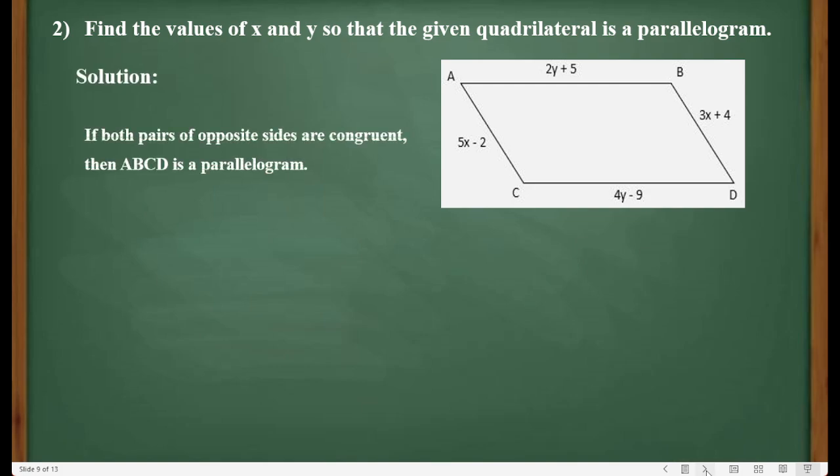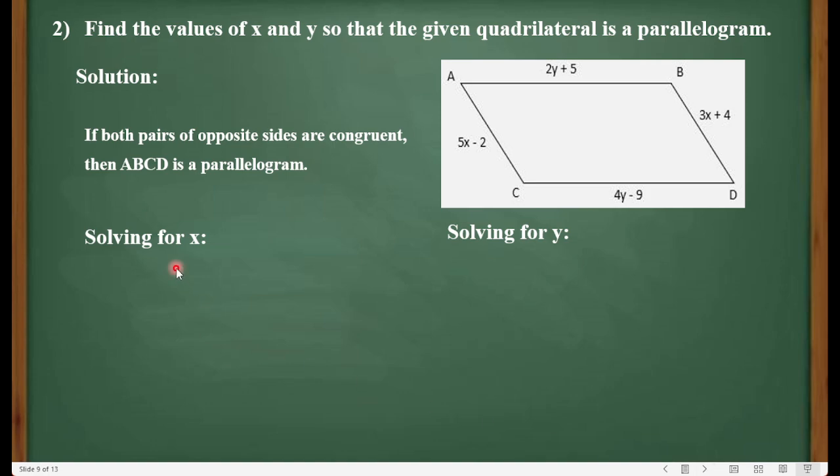Here goes. If both pairs of opposite sides are congruent, then quadrilateral ABCD is a parallelogram. So, this is where we can set up the equation in order to solve for x and y.